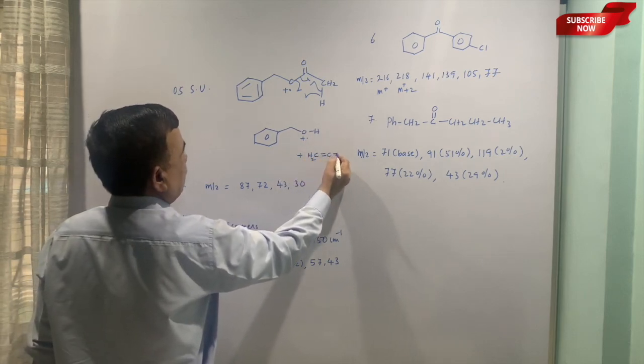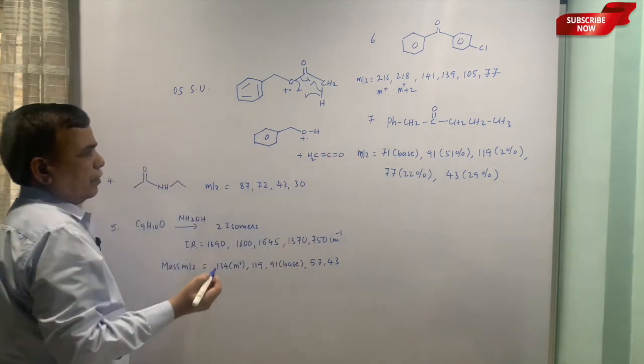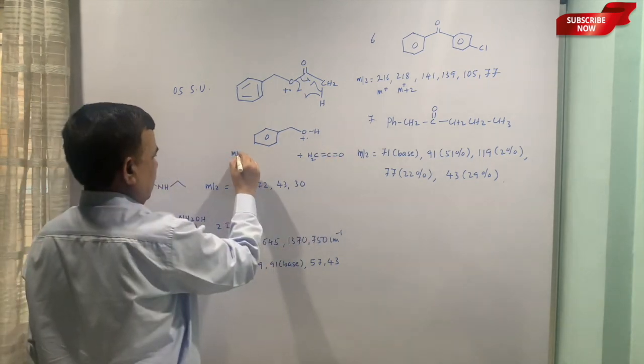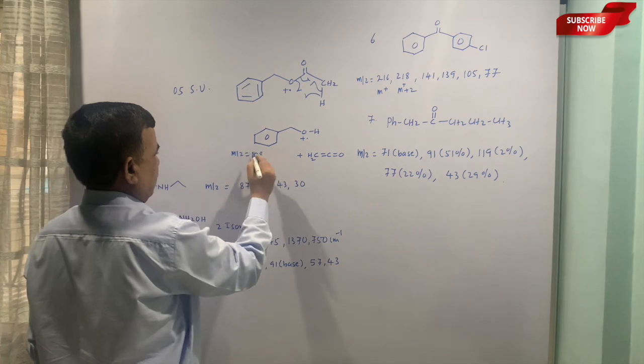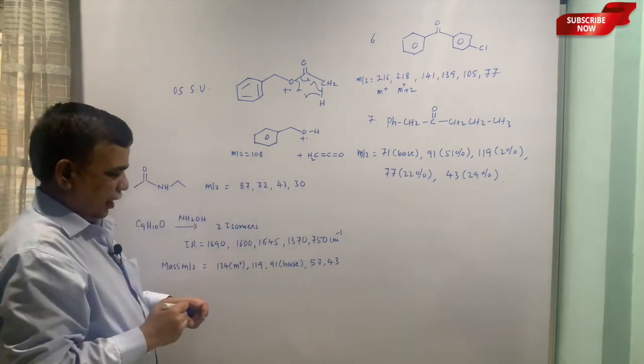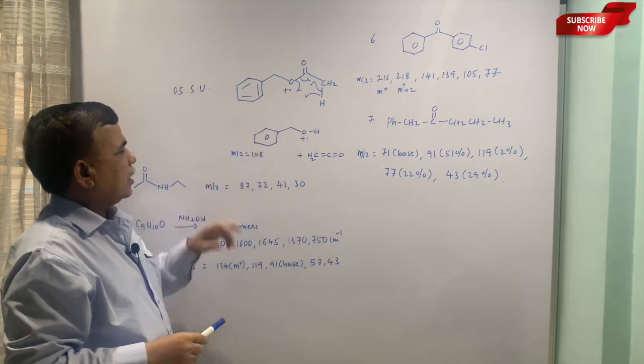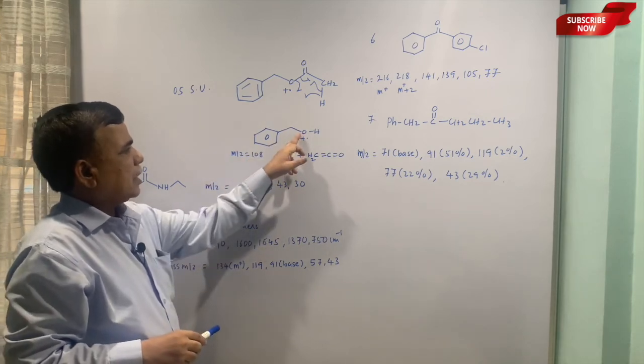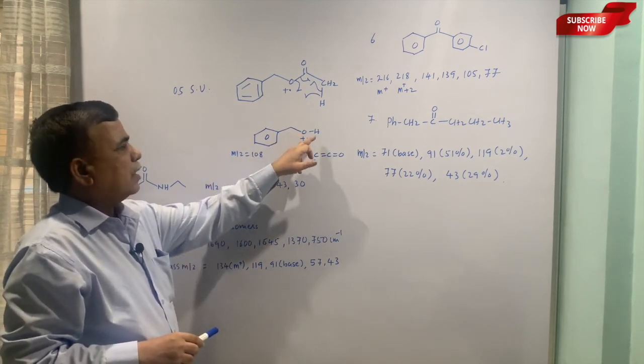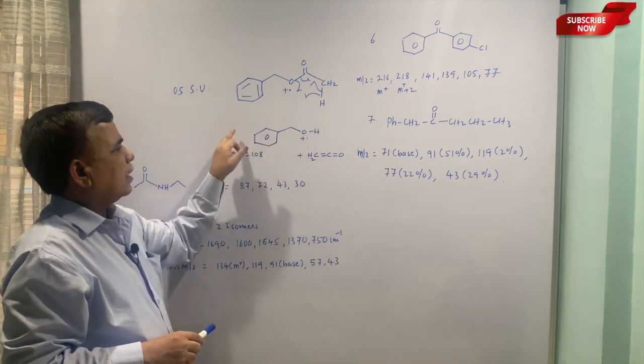The cation goes off. Mass of this has to be 108. That is indeed 7 carbons, that is 84, plus 16, that is 100, 101, 103, 108.